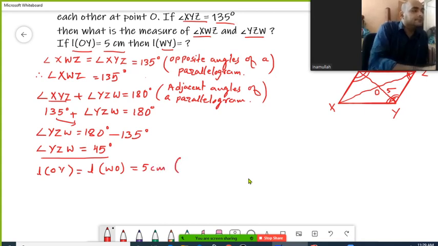Reason, diagonals bisect each other. Diagonals of a parallelogram bisect each other.